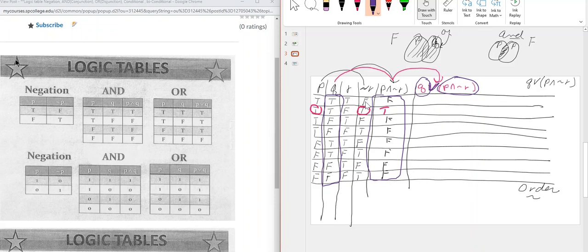So I look at these two that I've circled in purple, and when are they both false? Well, true, false, true, true, false. I got a false. False, false. I got another false. True, false. No, true, false. No, false, false. I got another false. False, false. I got another false. Therefore, the rest must be true.